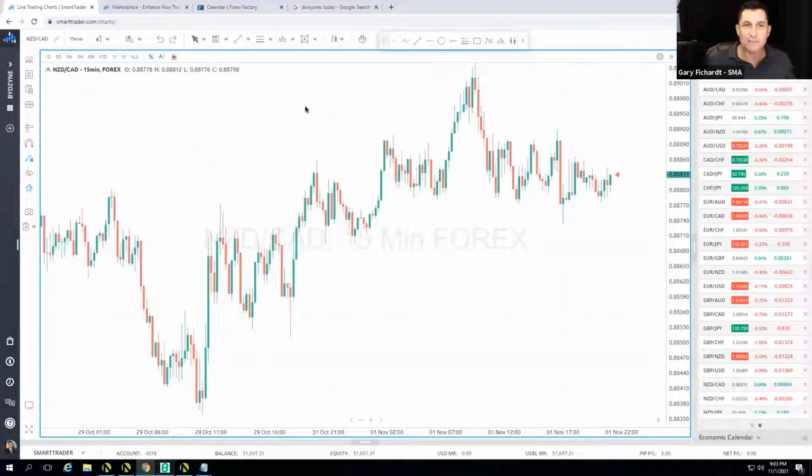Now, firstly, number one, for those that don't know, the Pip Grabber trading strategy is a very simple strategy. And I'm going to tell you what it is because it is that simple. Firstly, you're going to get a trade signal on your ByDzyne app. When you are signed up as a student with Smart Market Academies, you are going to get the ByDzyne app.